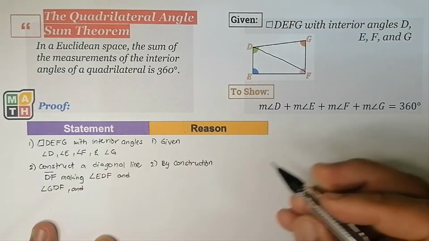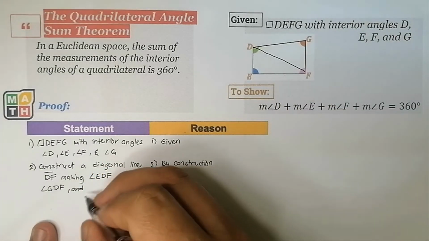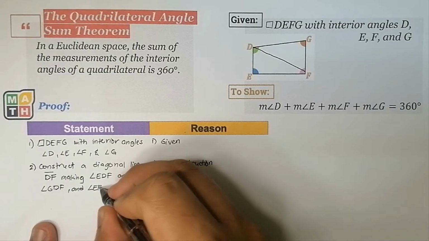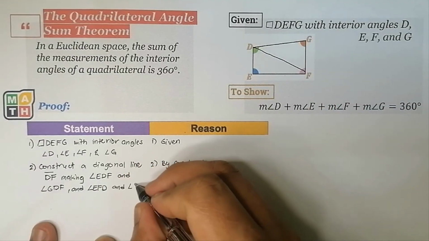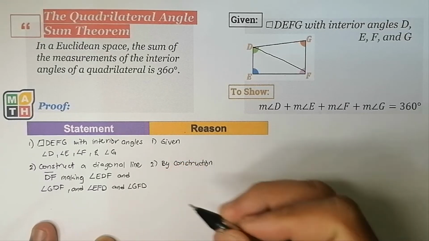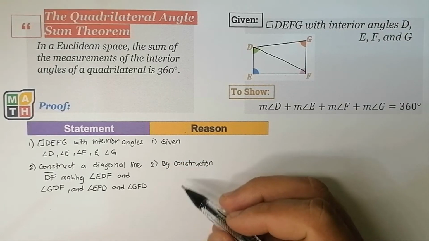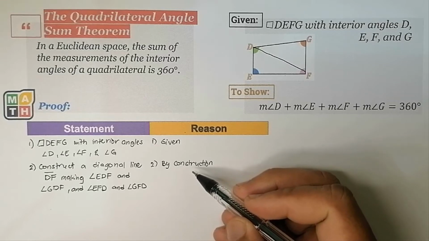And another pair of angles for this pink colored angle here. You have angle EFD and angle GFD. This is again the consequence of the construction made here.